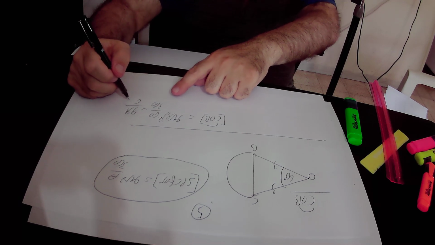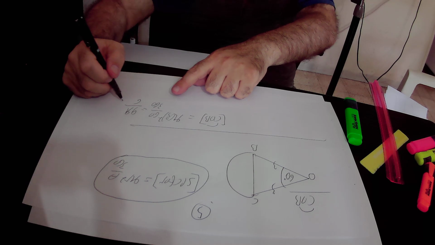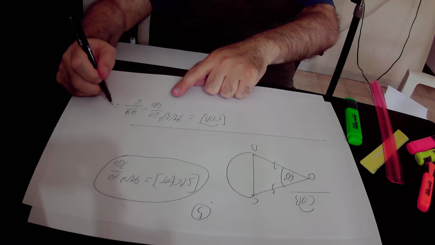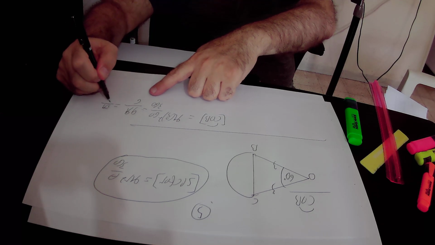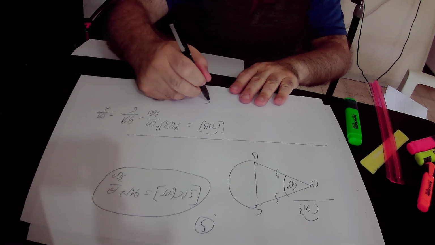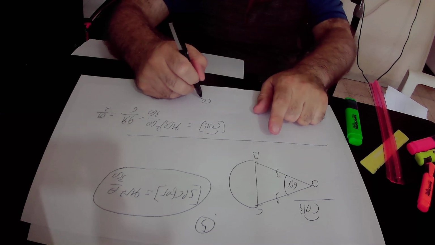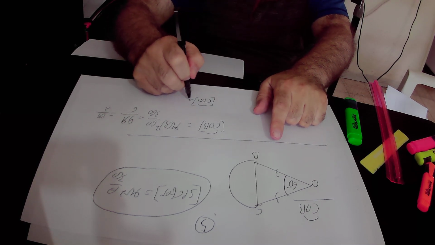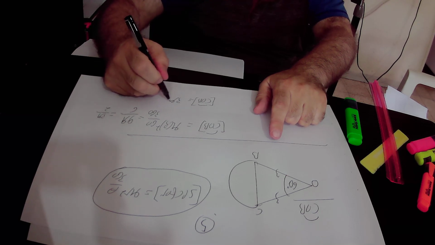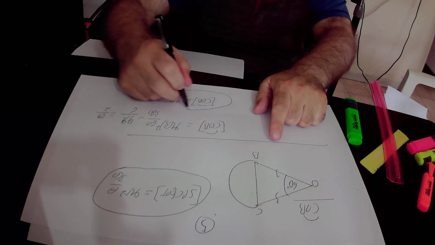Here we divide both the numerator and the denominator by 3. 9 over 3 is 3, so in the numerator we have 3 pi. 6 over 3 is 2. So in conclusion, the area of this sector COB is equal to 3 pi over 2 square units.